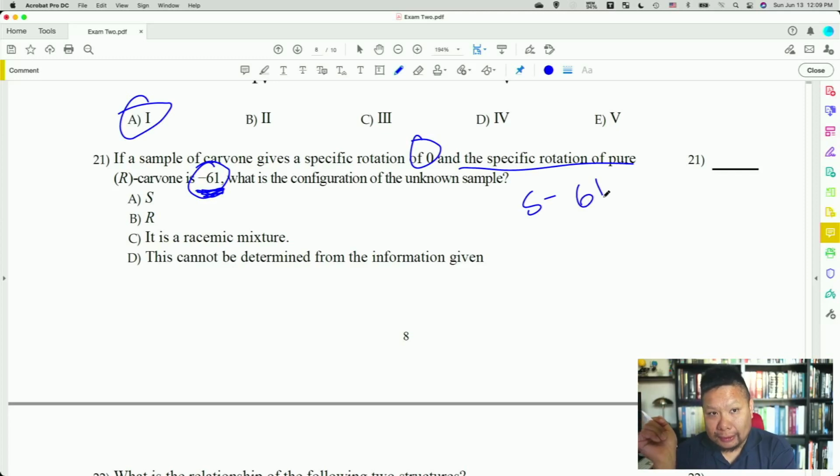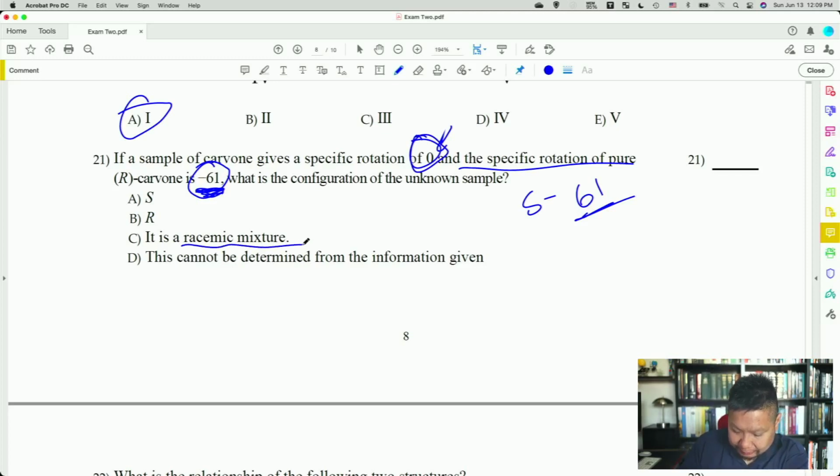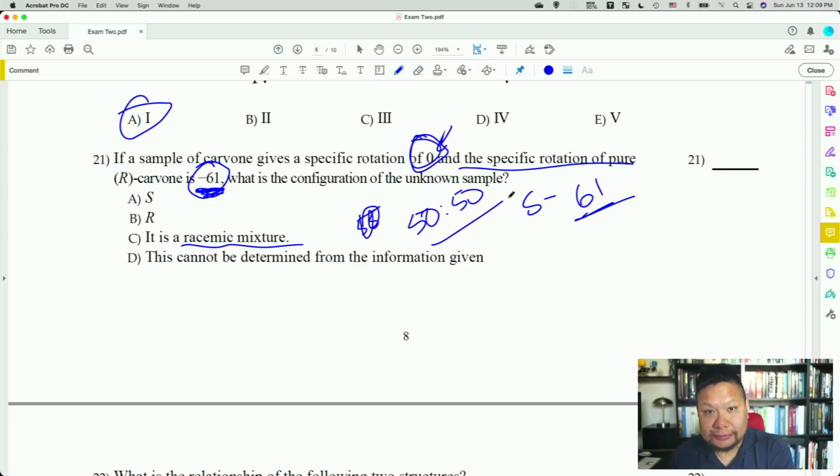So if the specific rotation of the compound is 0 degrees, that means you don't have any extra R or S to push it in either direction, because the negative 61 and the 61 cancel each other out. That's why the specific rotation is 0. What that means is that we have a racemic mixture, which is a 50-50 mixture of R and S. So the answer here is C.